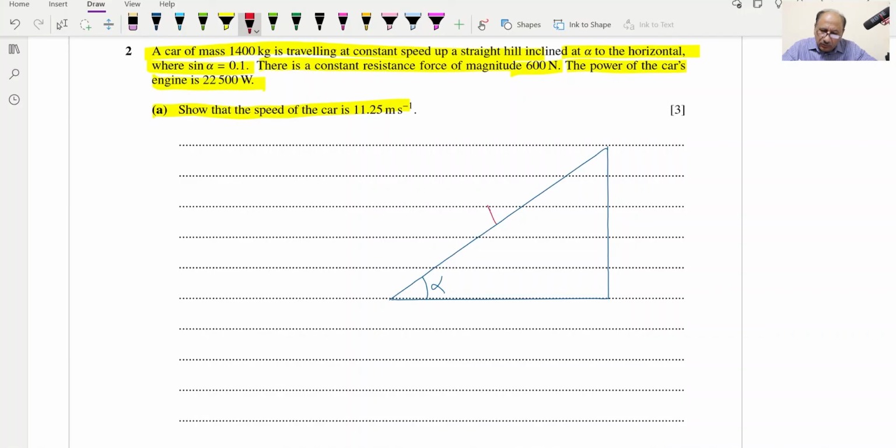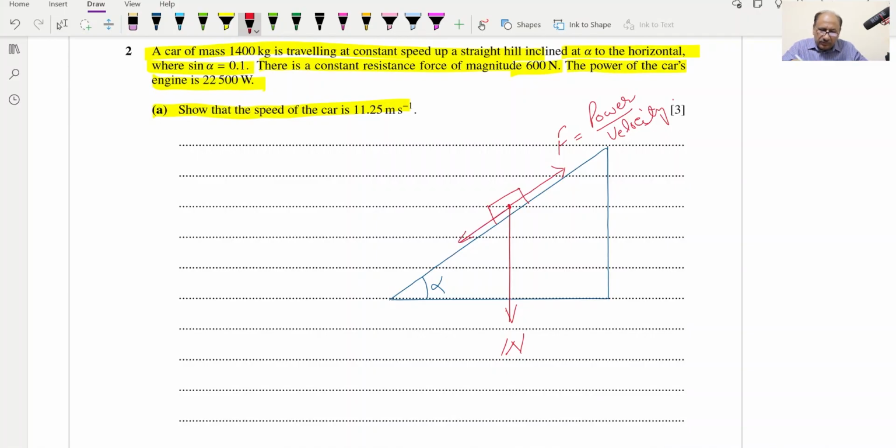The car has mass, so the weight W will be acting downward, and there is an engine force pushing it upward, and this force F is equal to power over velocity. This is the relation which we will be using.